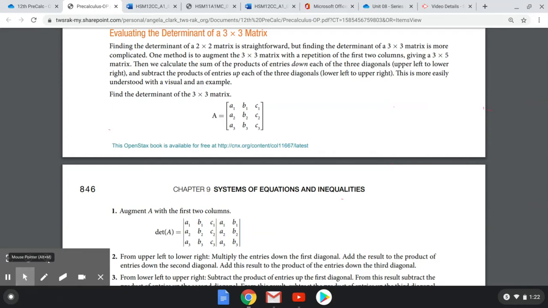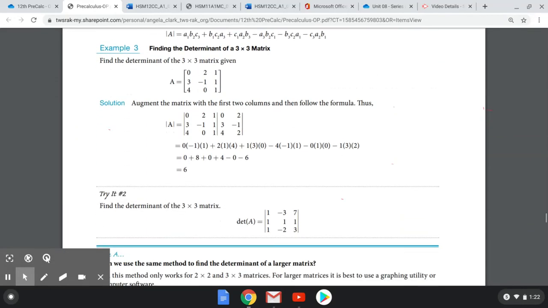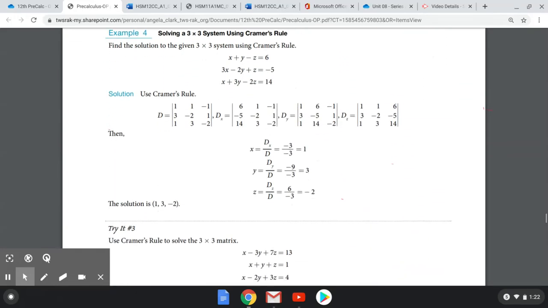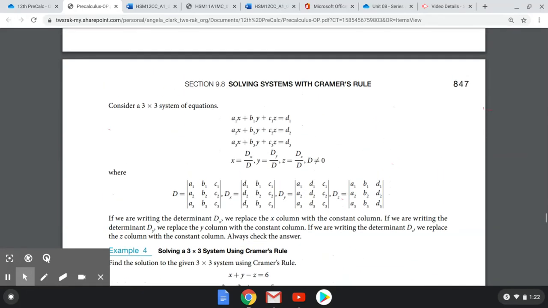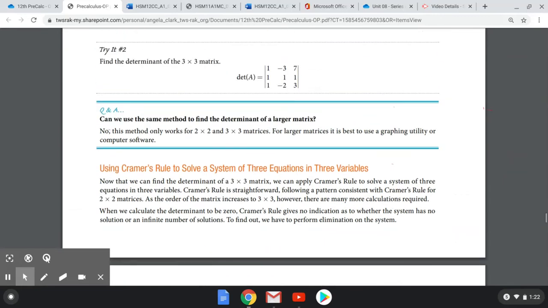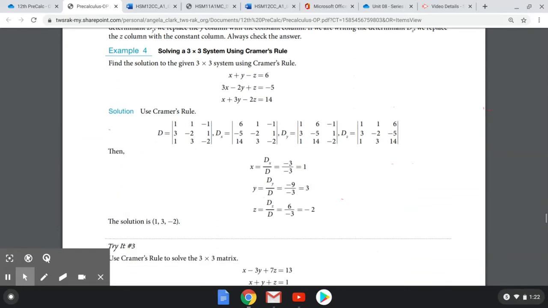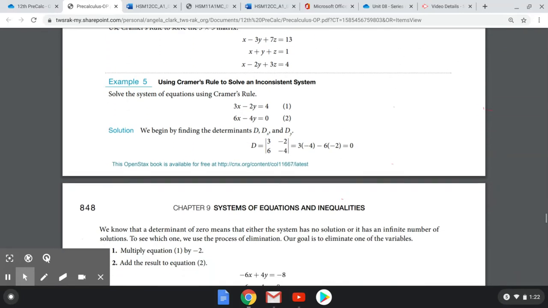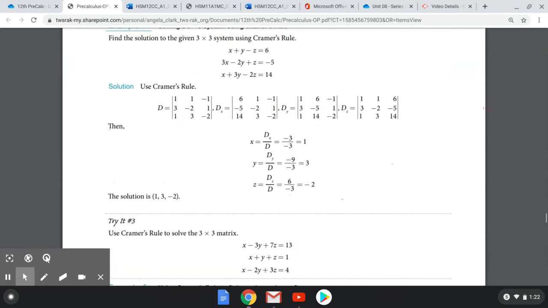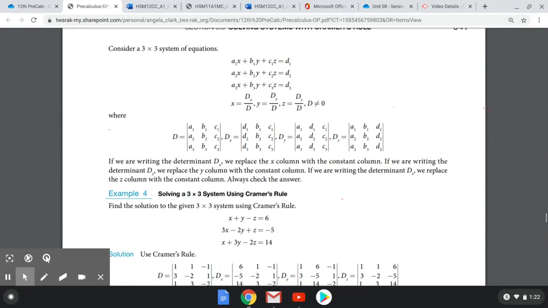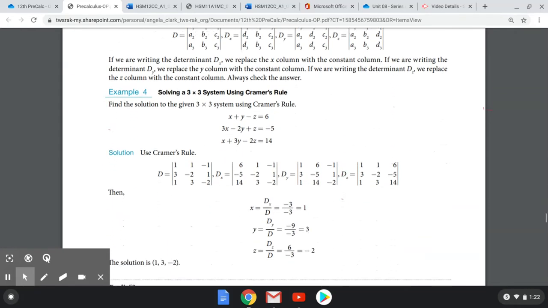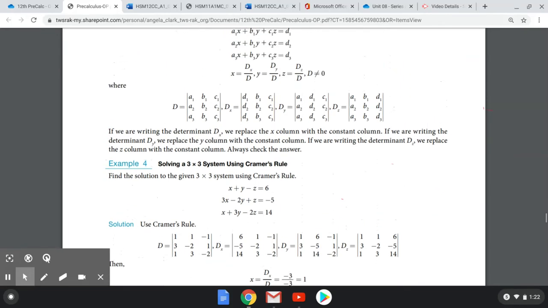I'm going to scroll down to the Cramer's rule example. Okay. So for Cramer's rule, I was looking for one of those nifty blue boxes, but didn't have one this time.